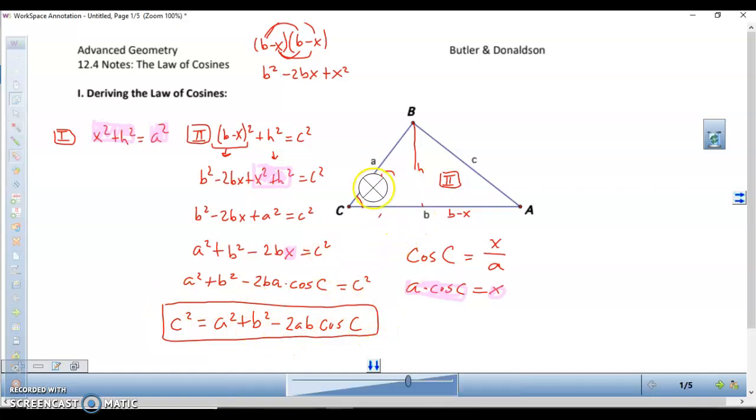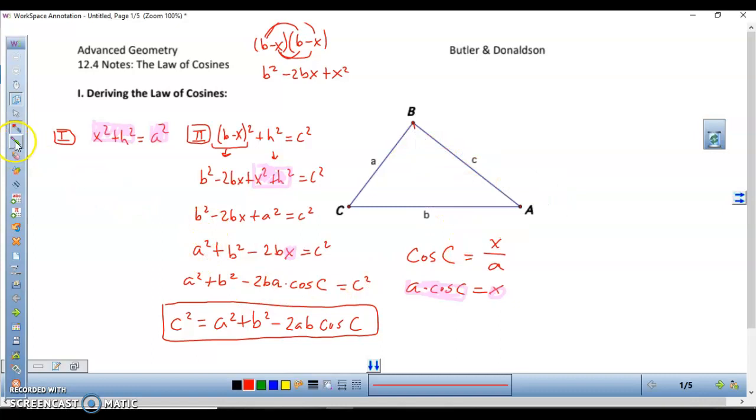So now if I go back and look at the original triangle, this tells me that I can find this length, c squared, by taking a squared plus b squared, so I'd plug in here and here, minus 2 times those same values, a and b, times the cosine of this angle, C. There you go. Now I have established that relationship, and in the next video, we'll actually practice it.